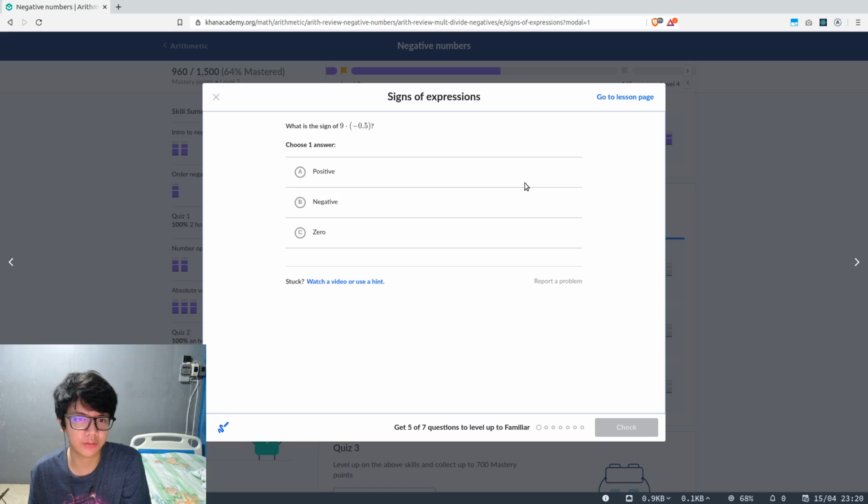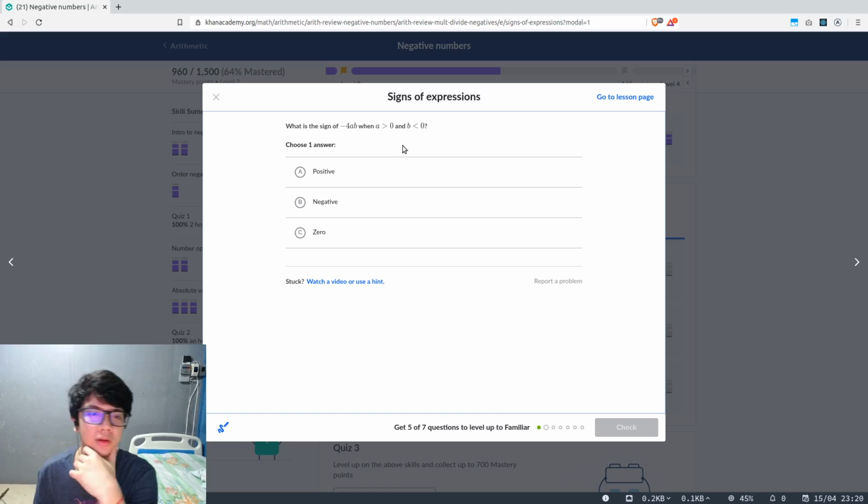What's the sign of 9 times... let's say negative. What is the sign of negative 4ab when a is greater than 0 and b is less than 0? Wow, this is pretty hard. What is the sign of negative 4ab?